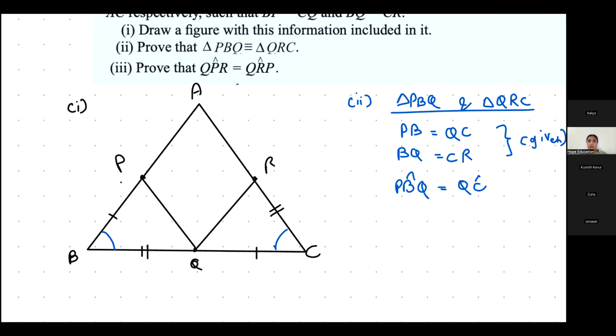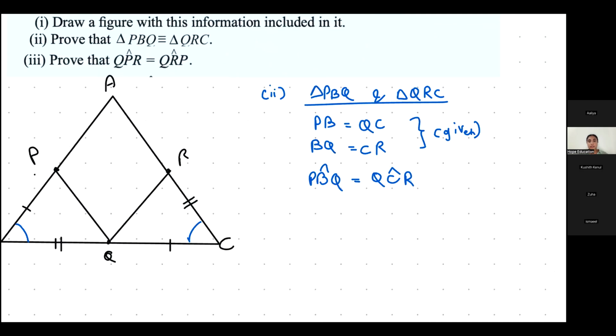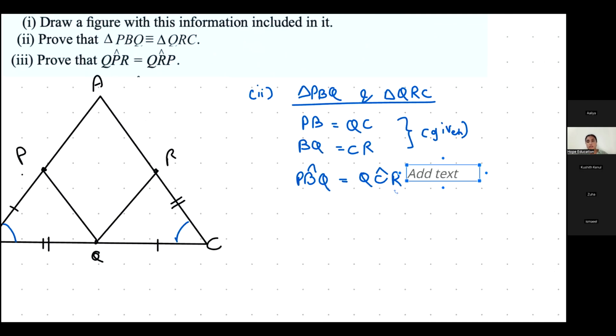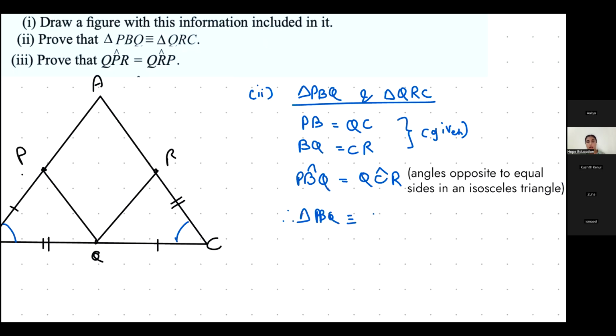You can write the reason as angles opposite to equal sides in an isosceles triangle. So because of that, we can say triangle PBQ is congruent to triangle QRC under the SAS case. Is this clear? Please give me a thumbs up.